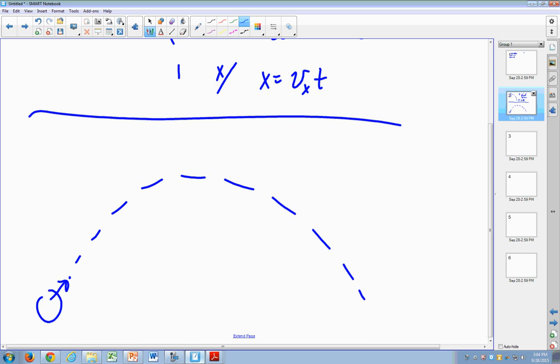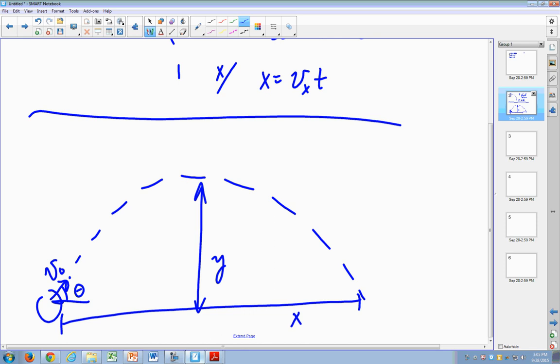I say various forms, just the things that we ask for in this, where if I have a projectile that comes off with a certain v naught, a certain initial speed with a certain angle, you need to be able to find the maximum height, y, and you need to be able to find the maximum range, x. In order to do that, the basic idea is that you first find the time.